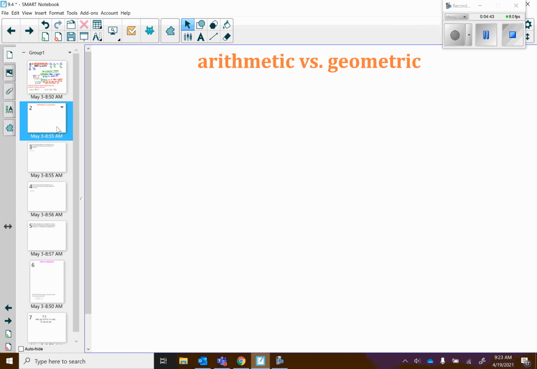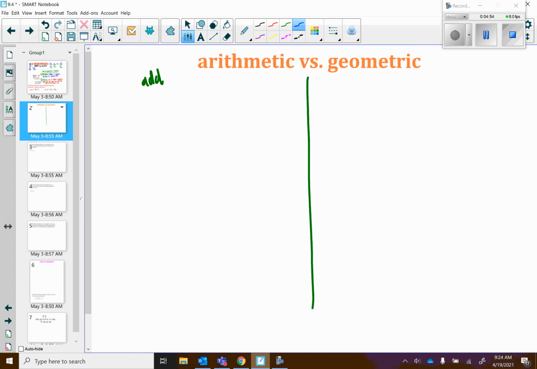The other thing that I want to talk to you guys about today is the difference between arithmetic and geometric. So if we have an arithmetic sequence, that means we are adding or subtracting as we go along the sequence.